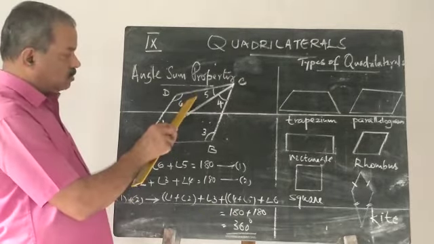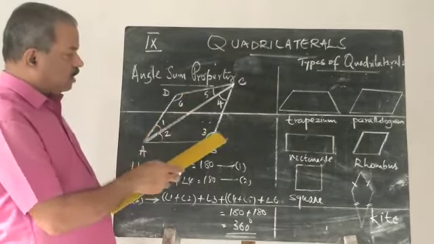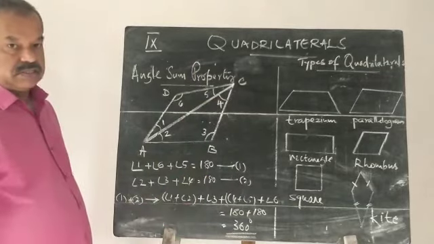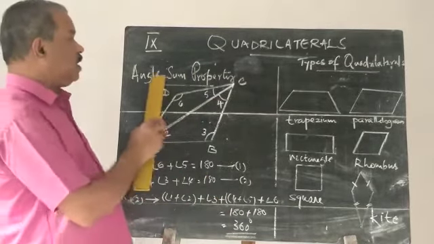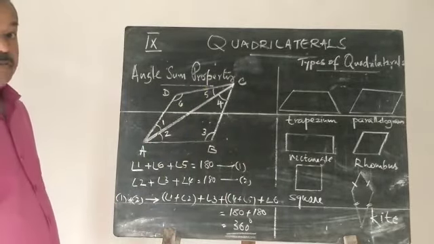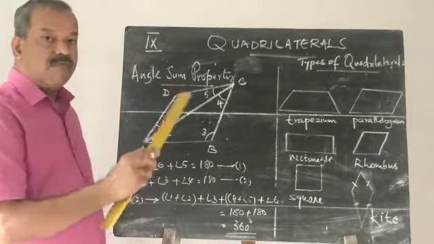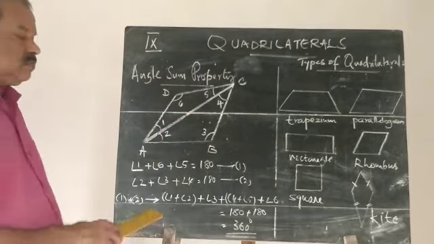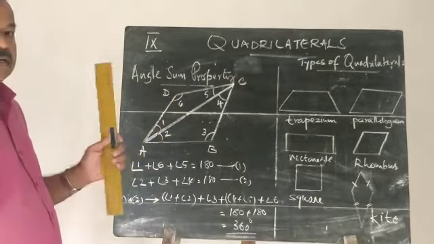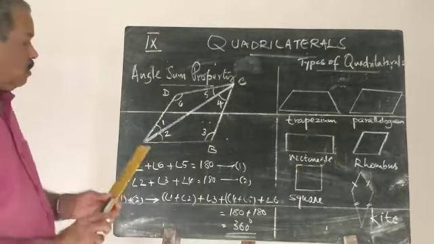Sum of all the angles of the second triangle? 180. What is the sum of the angles of both the triangles? 180 plus 180, 360. This idea is called the angle sum property of a quadrilateral. That is, in a quadrilateral, the sum of all the angles is 360 degrees.